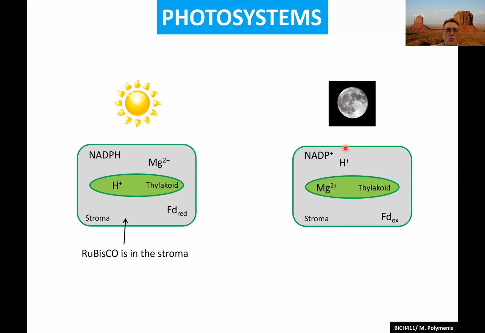Now, Rubisco, I just told you, needs magnesium. So it turns out that Rubisco is actually in the stroma, not in the thylakoid. So Rubisco is in a place where it has a lot of magnesium during the day and lower magnesium during the night. Because it needs magnesium, that's one way to turn Rubisco off at night, in the stroma.